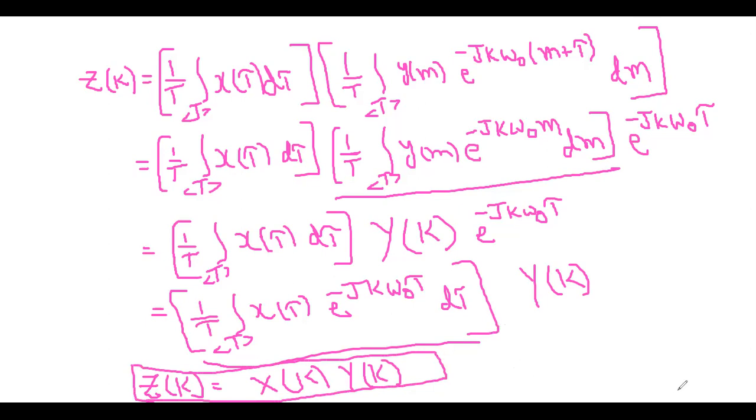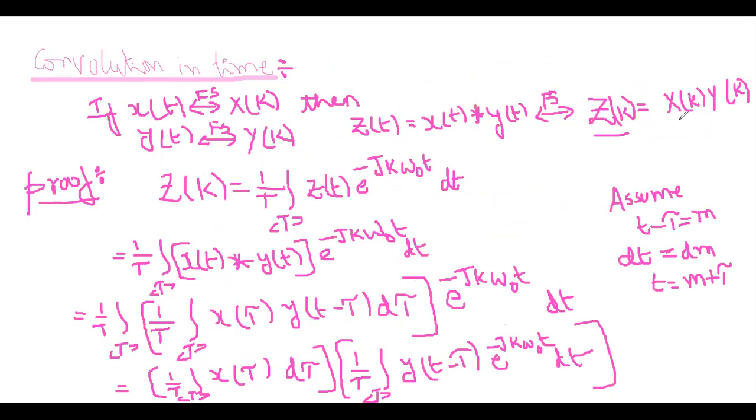This means convolution in time is product in frequency. Product means multiplication: convolution in time of the two signals gives the product of the Fourier coefficients of the two signals. After applying the Fourier series, the convolution in time is a very, very important property.